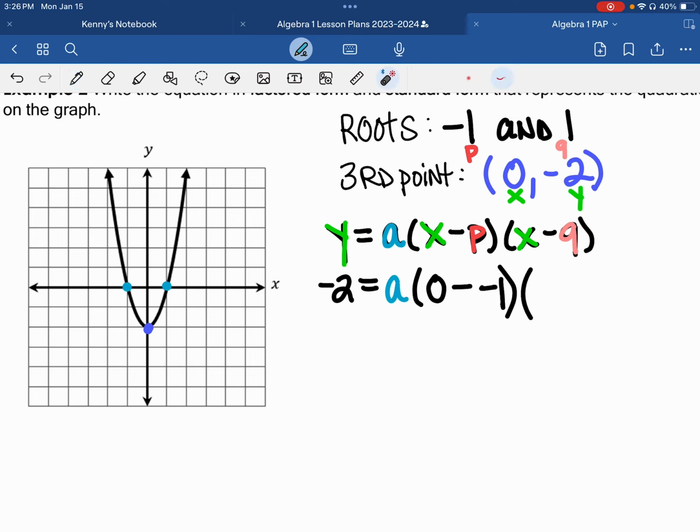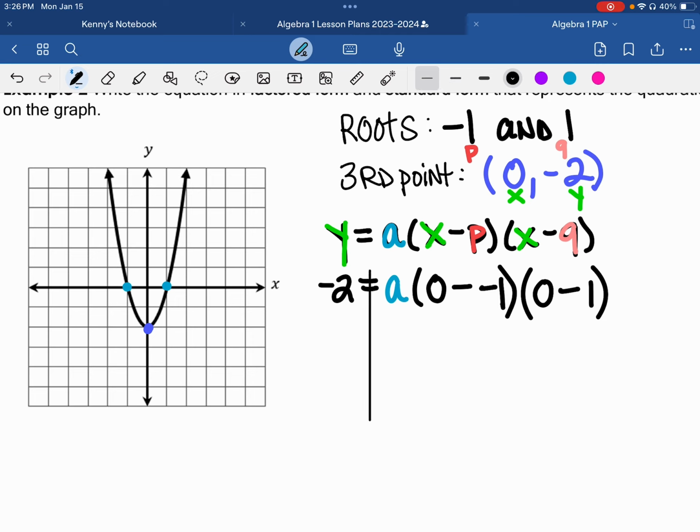I'm seeing x again, so I'm going to use the same x, since we're still in the same problem. And then lastly, I need q, and that's going to be my +1.